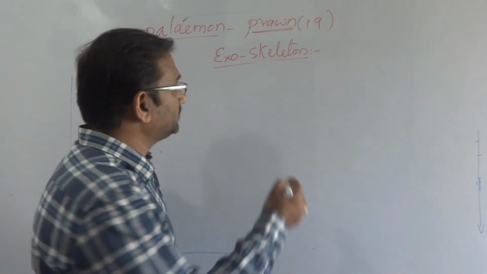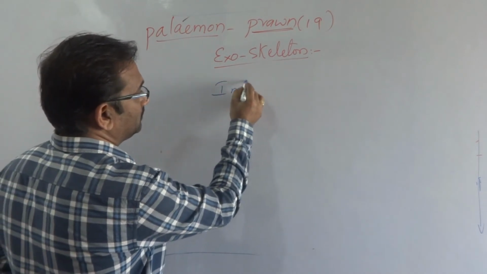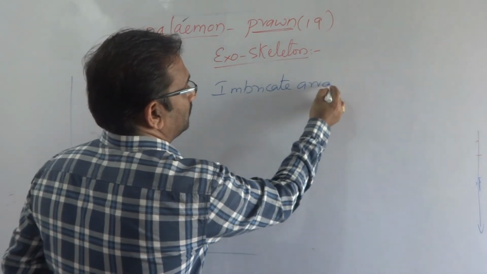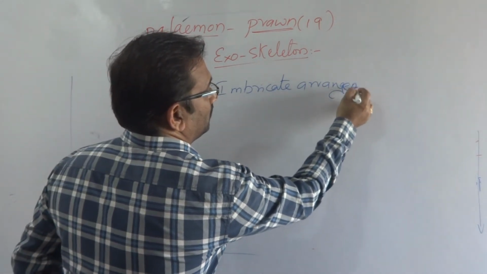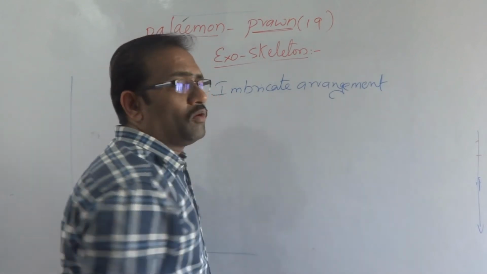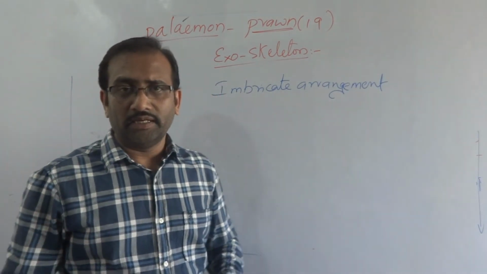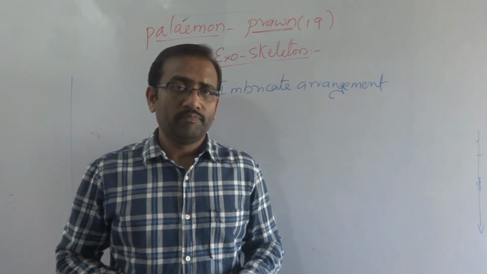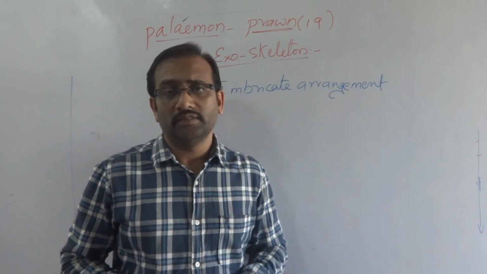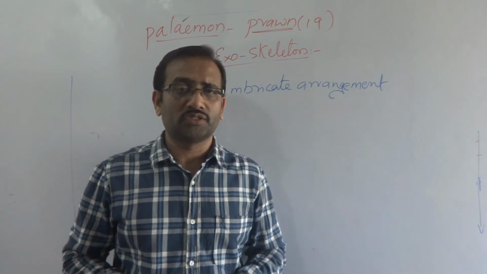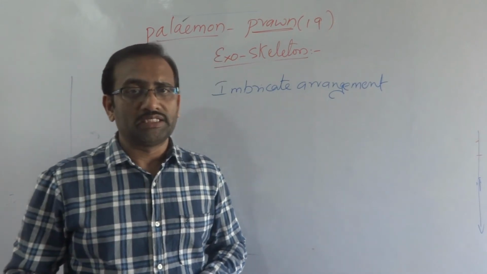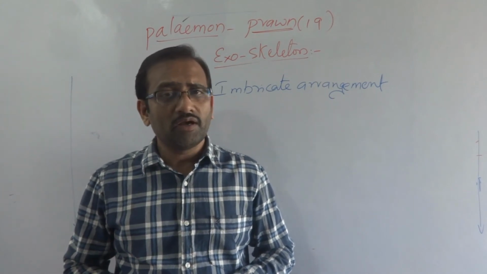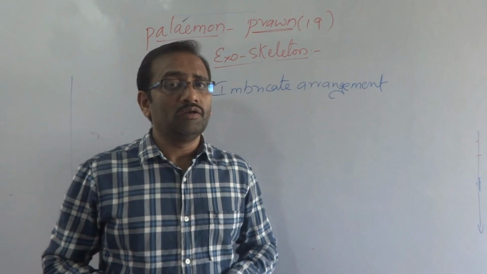Imbricate arrangement. What is the imbricate arrangement? In Palaemon, Macrobrachium malcolmsonii, the abdominal segments have their sclerites: dorsal tergum, ventral sternum and lateral pleura. Consider the arrangement of the pleura and dorsal tergum.